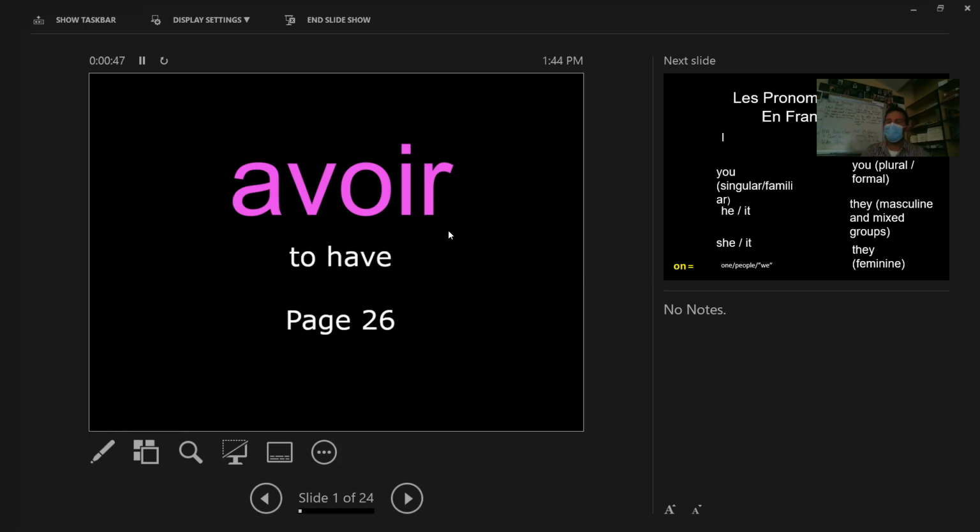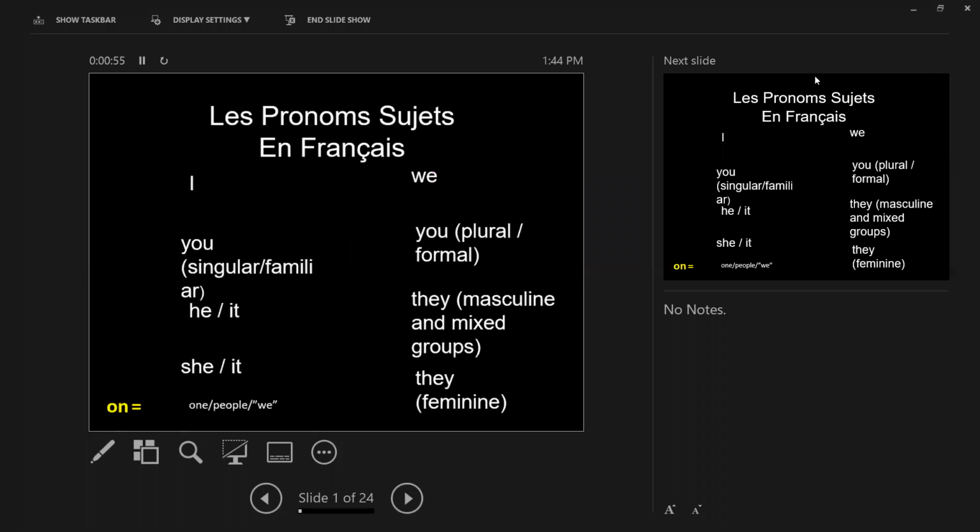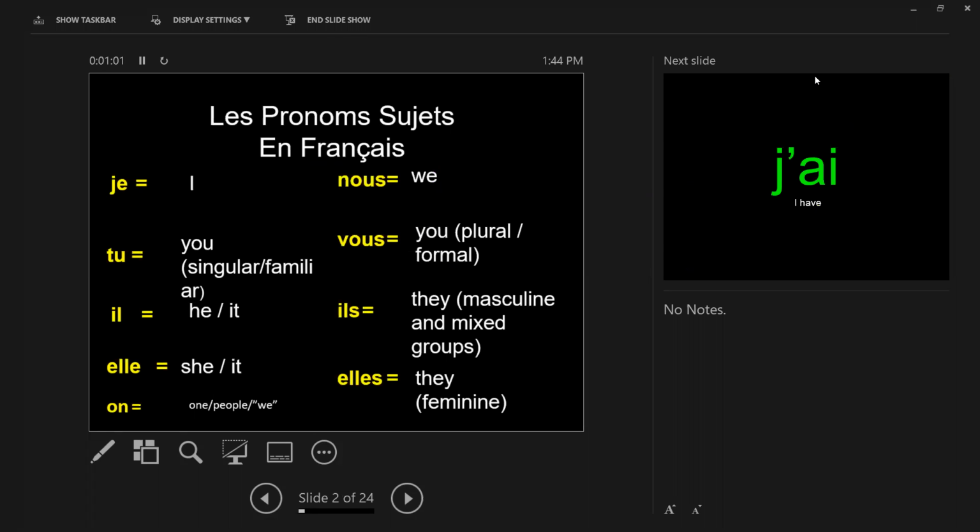All right. Here we go. The verb avoir. Before we get into them, we need to know these pronouns and what they mean. You've done some textbook work, and we've taken notes where we've used some of these.